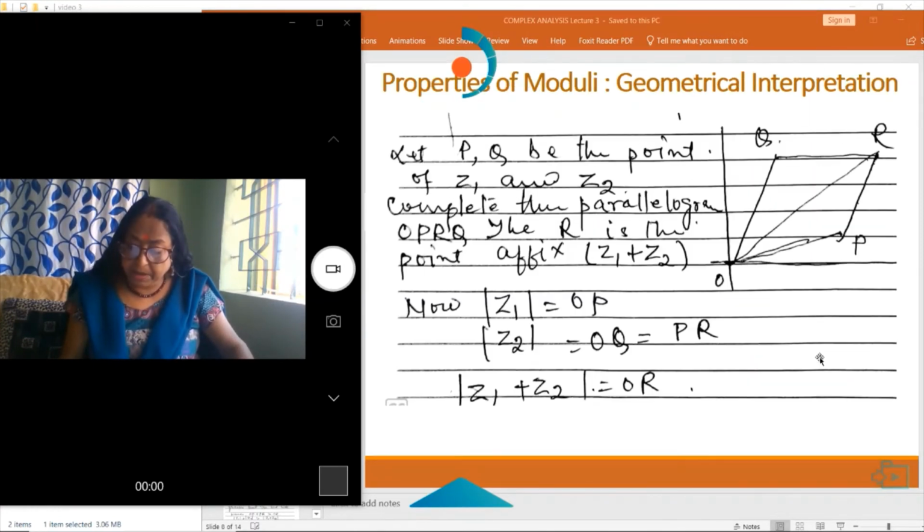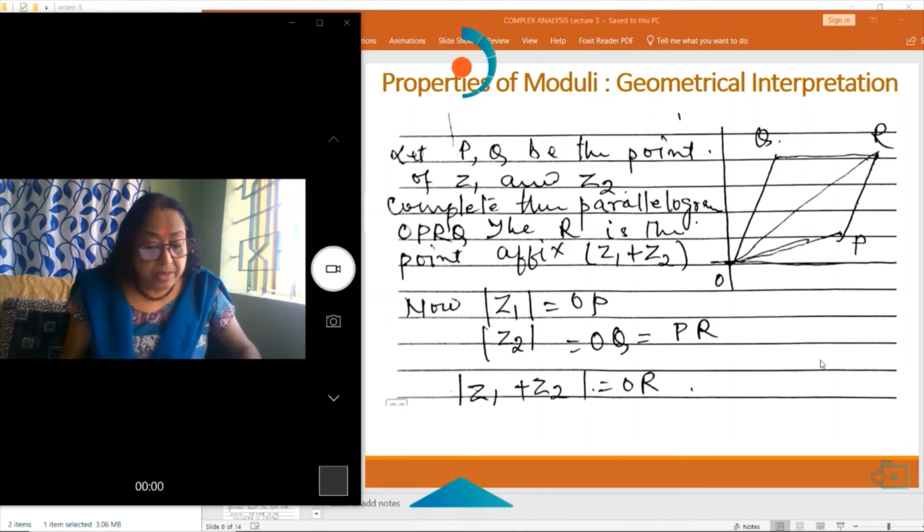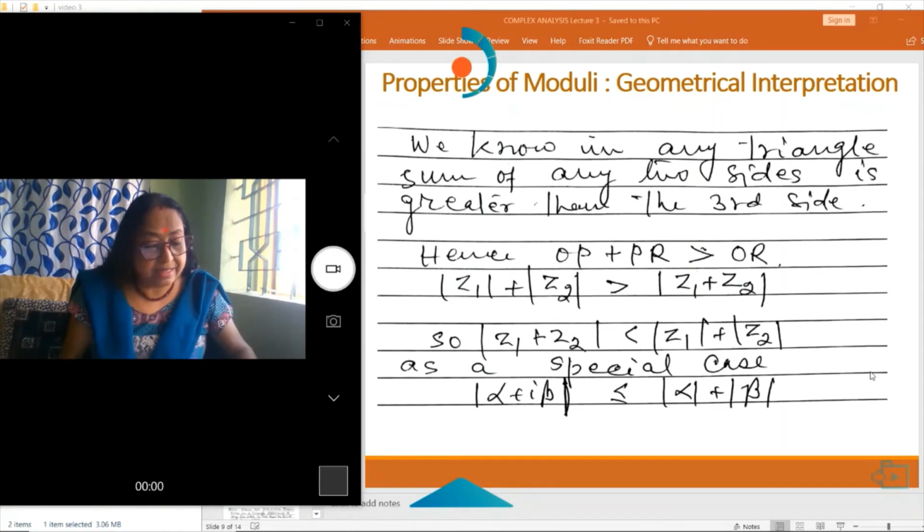Now the geometrical interpretation of this: modulus of z1 plus z2 is less than or equal to modulus of z1 plus modulus of z2. We know z1 is represented by the vector OP and z2 is represented by the vector OQ, which may be written as PR. So z1 plus z2 is equal to OR. We know that in any triangle, the sum of any two sides is greater than the third side. So OP plus PR is greater than OR.